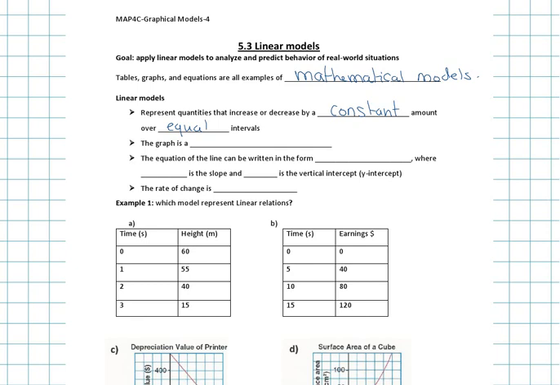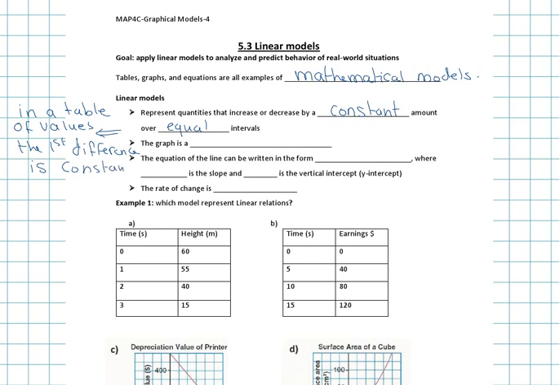I'm missing something here, and that is, in a table of values, the first difference is constant, right?